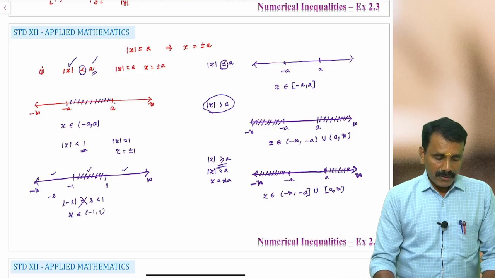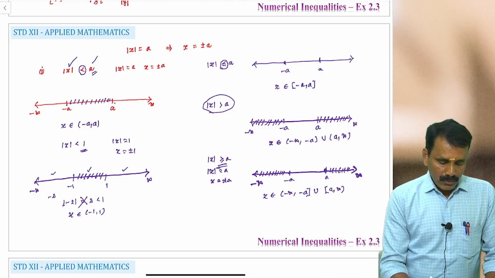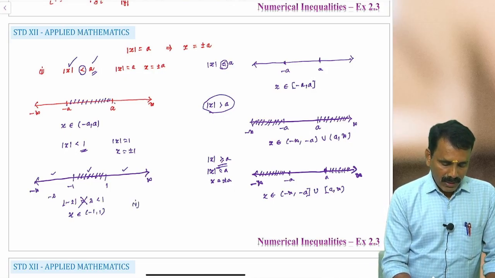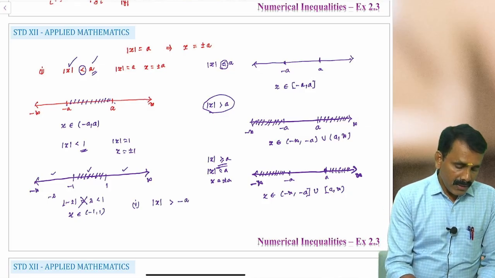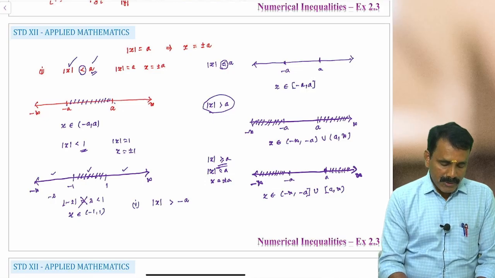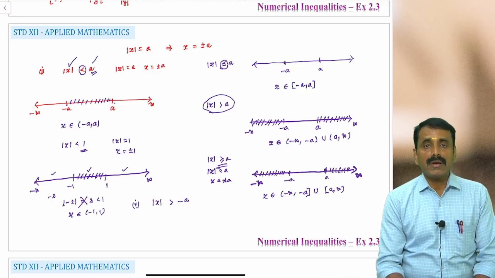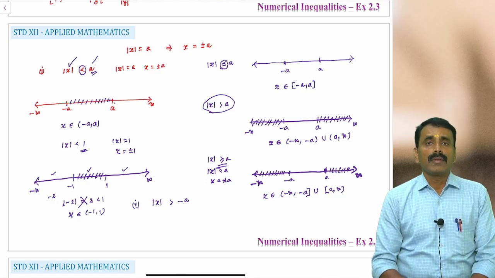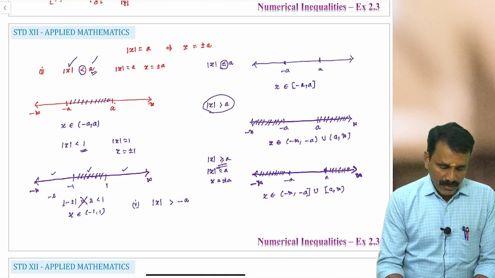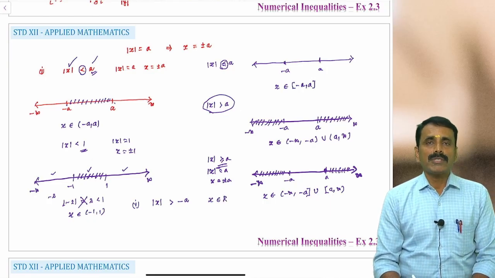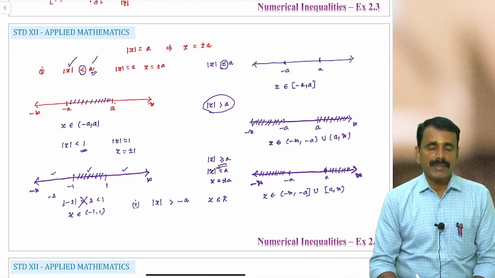Now we are having two obvious things. One is, what happens when mod x is greater than minus a? Here a is going to be a positive value. What happens when mod x is strictly greater than minus a or greater or equal to minus a? Then what will be the value for x? In such case, your x value will be all possible values of real number x.